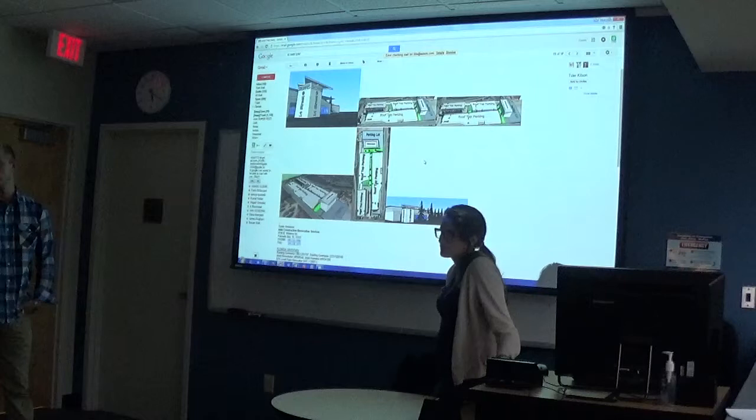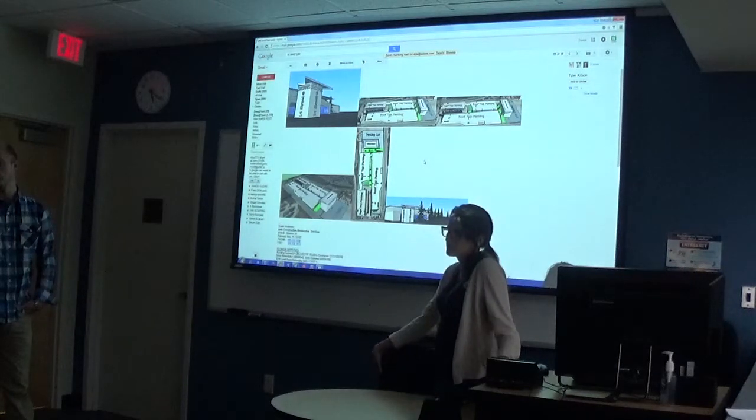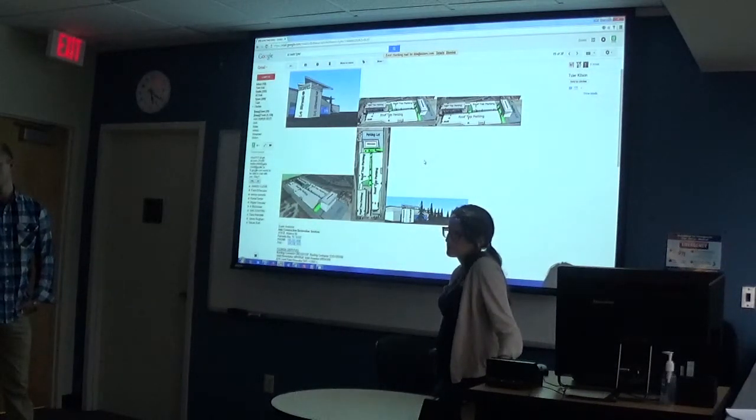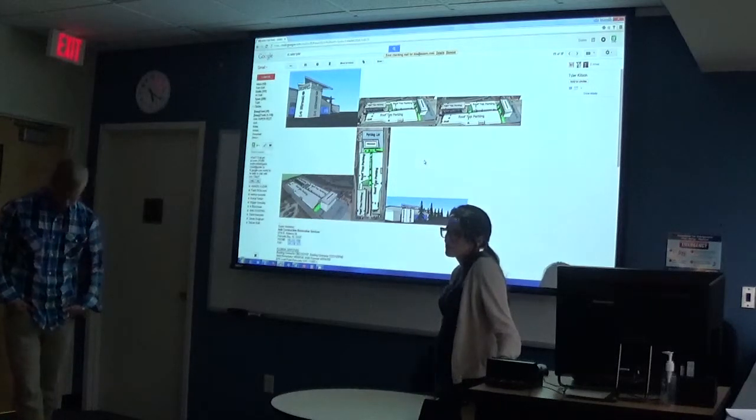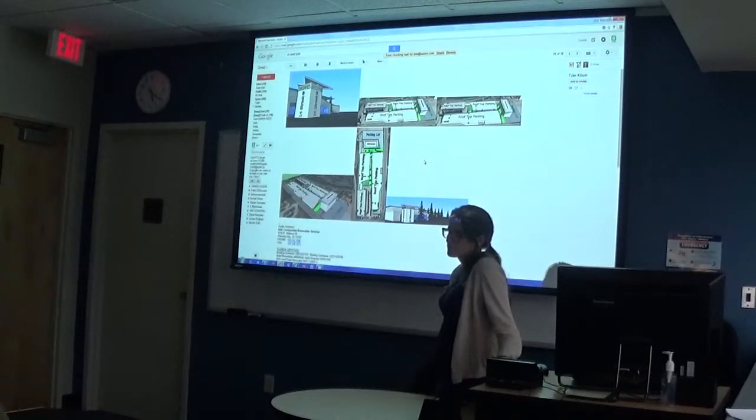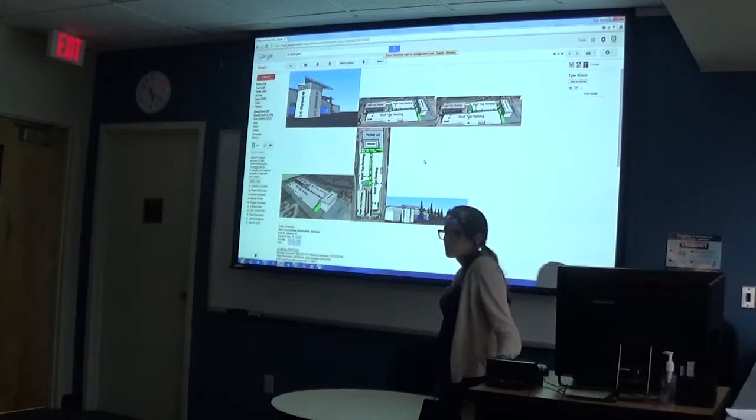And then they have a little bit more upscale one, I forget what it's called, a new Hilton. But their target ADR is 165 for that. That's probably more in line with the Courtyard Marriott. So we just wanted to have an alternative at a little bit lower price point for them.